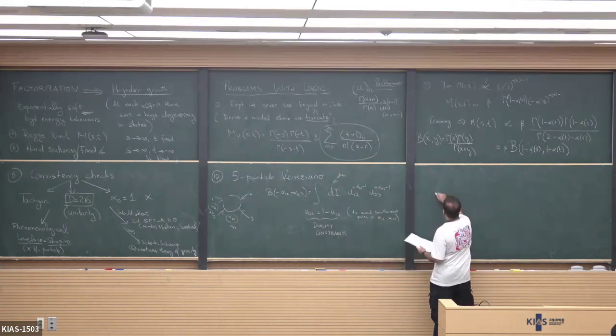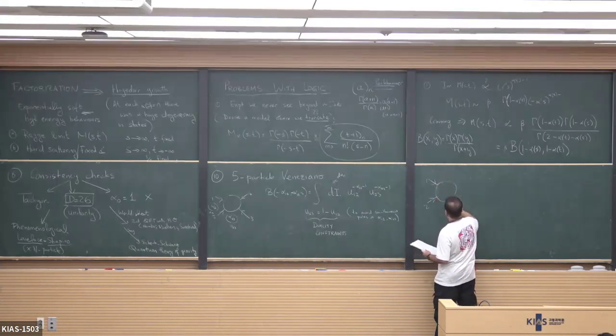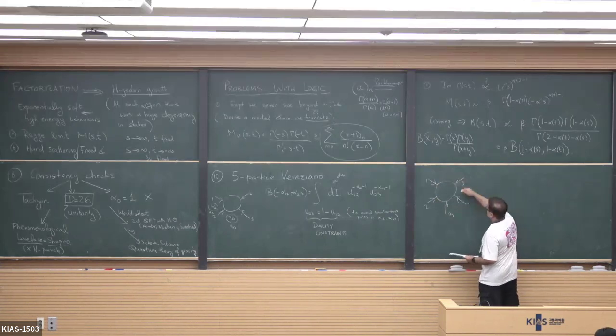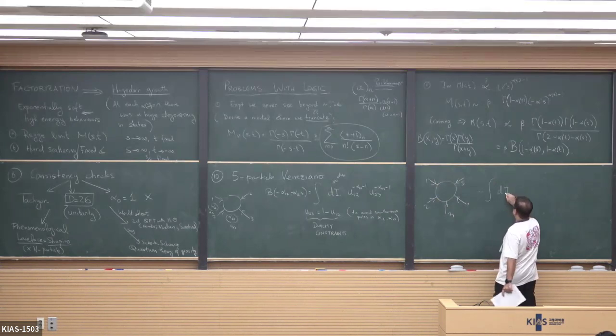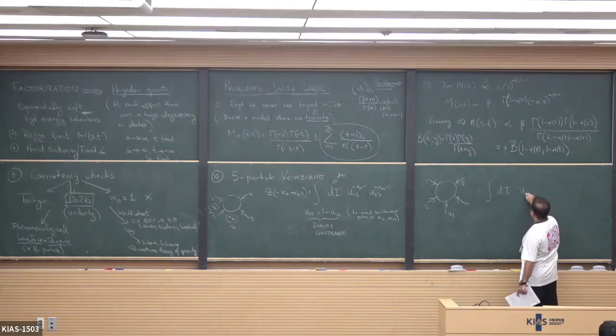So the generalization in the 5-particle case is actually now straightforward. You have 5 particles, 1, 2, 3, 4, and 5. The amplitude here, we are going to write as an integral of some measure, and I'm going to specify what that measure factor is.